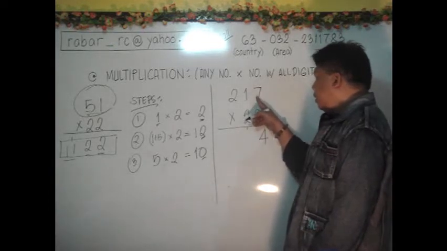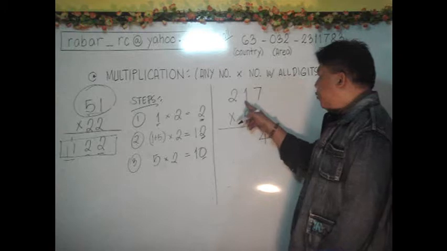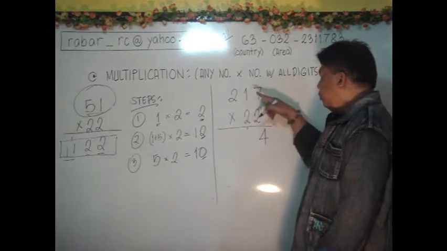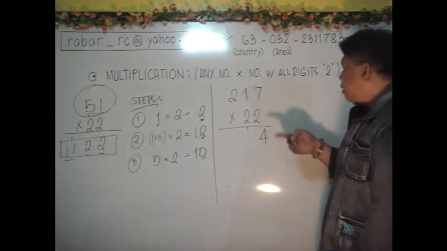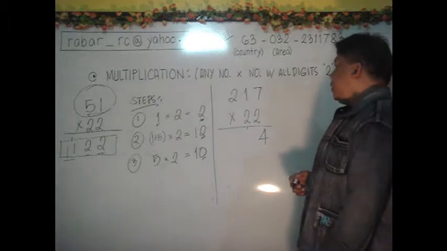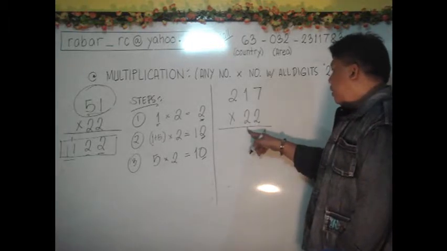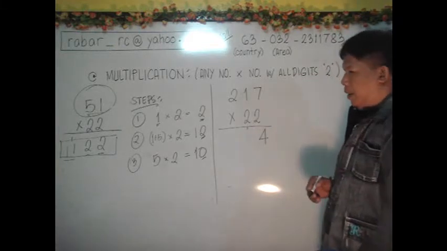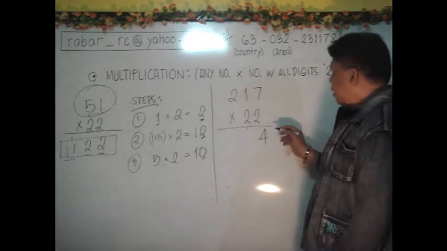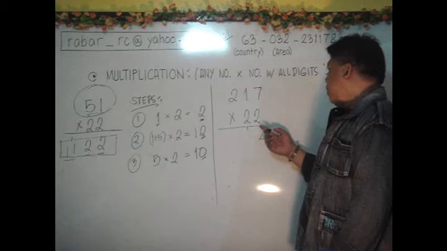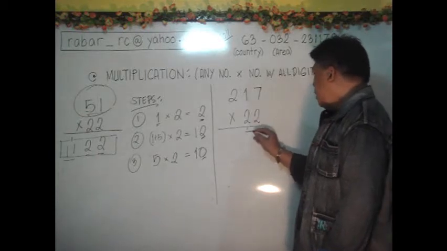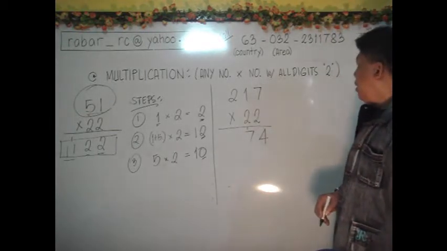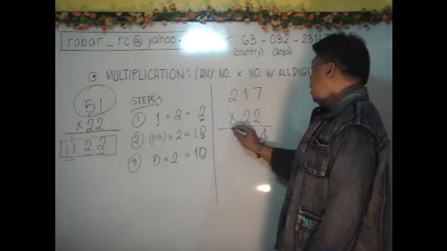Then 7 to the left. This is 7 plus 1 is equal to 8. Then double it. So 8 doubled will give you 16. And 16 plus 1 will give you 17. Then you have 1 carried over.